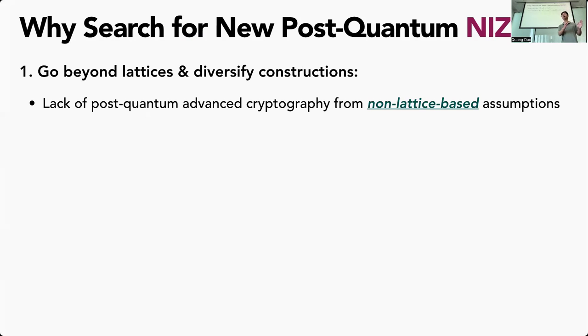If all we know to achieve a primitive is a construction from that assumption, then we're suddenly left with no plausible candidates, right? This is especially acute in post-quantum cryptography because from lattices we essentially know basically everything, maybe except program obfuscation. But from other post-quantum primitives, we actually don't know that much.